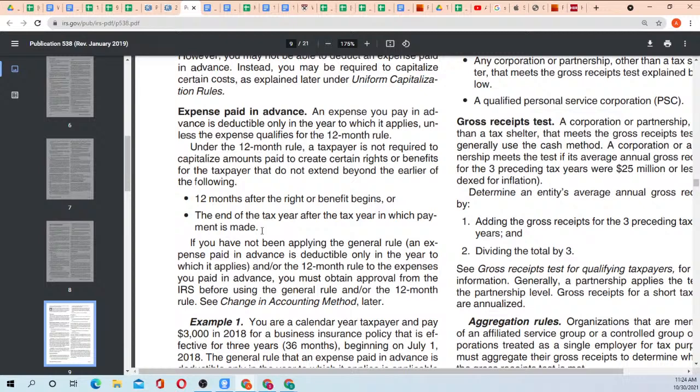So let's imagine we are on December 31st, 2020. What amount of prepayments can we make to fully deduct in 2020, and our tax year ends December 31st, 2020?